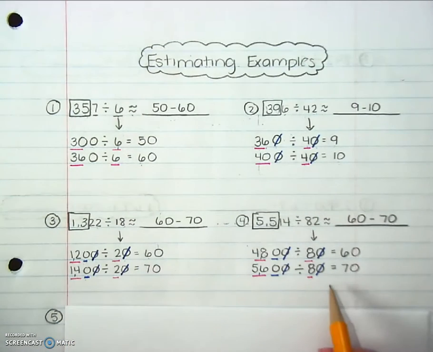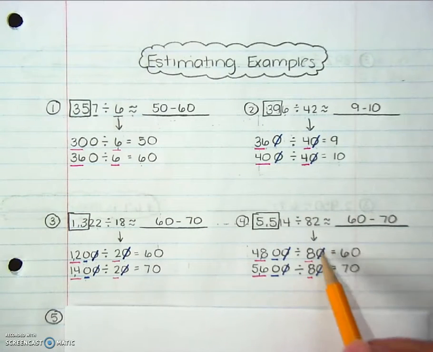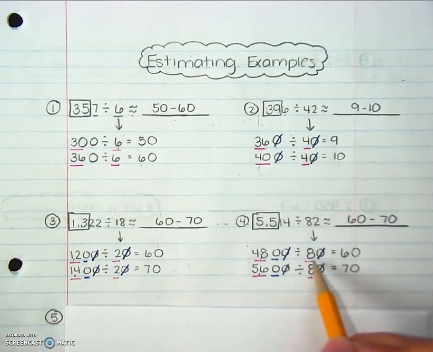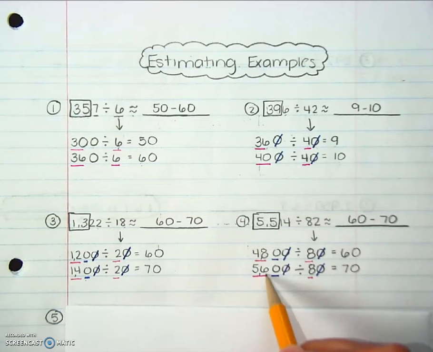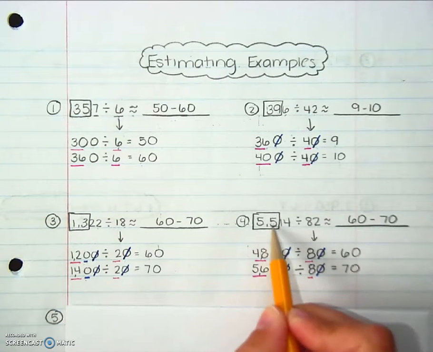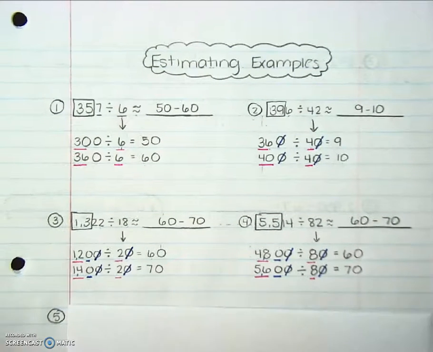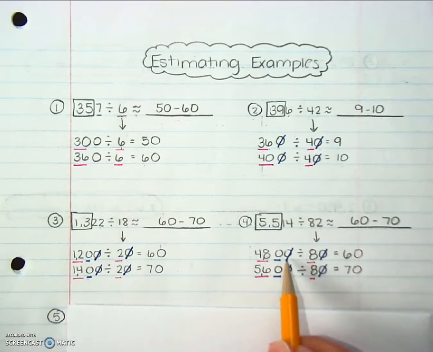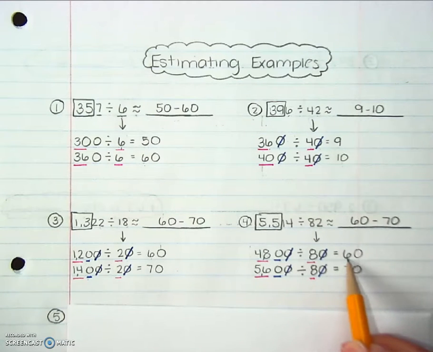Finally, I did the same thing with this number. It was just a slightly larger divisor. 82 became 80, and I used the friendly digit 8. Close to 55 was 48 and 56. Since I had a 4-digit dividend, I made these 4-digit dividends as well. 80 shared 1 0 with 4,800. So my basic fact was 48 divided by 8 equals 6.